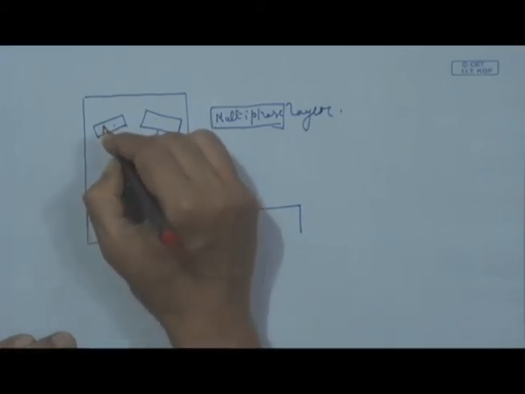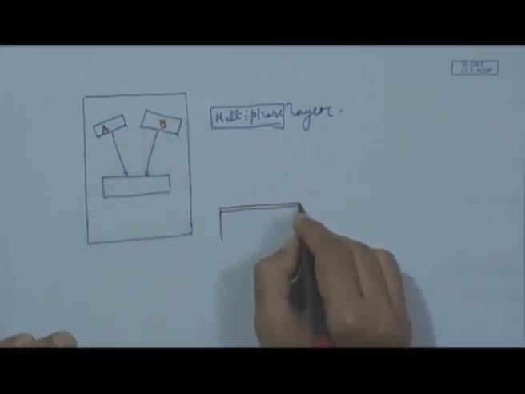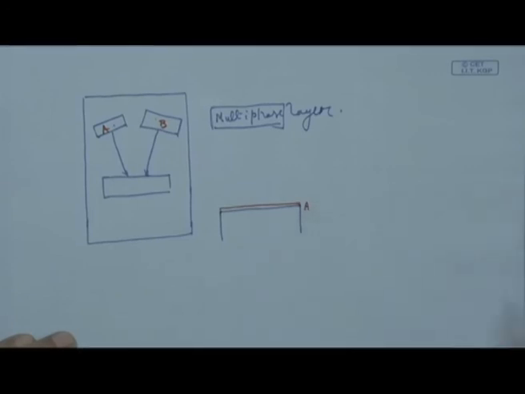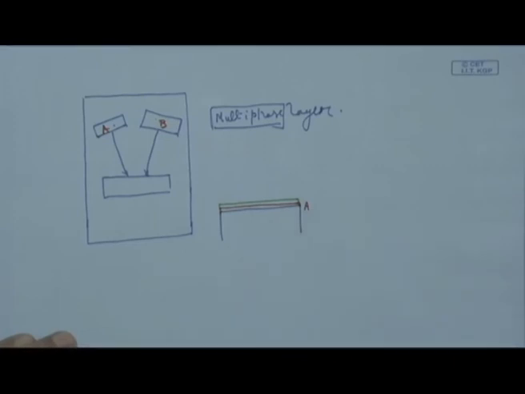Say this is target A and this is target B. It can be just like an alternate layer A, and after that we can put another layer of B, and this way the process will repeat. Of course, in this case we need precisely controlled automation to run the system, to have a perfect blending of this multilayer, having the required thickness, uniformity of the thickness, and structure of each layer.